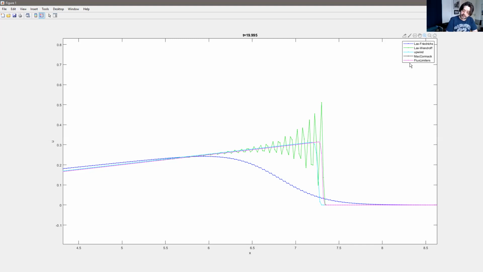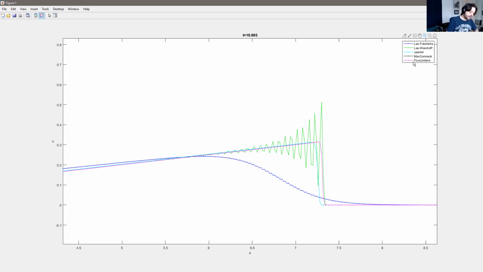And now the best scheme in this visualization is the red or pink scheme, and that's the flux limited scheme. We're not going into the details of how to implement that, but the basic idea is that you try to combine the upwind and the Lax-Wendroff scheme in such a way that whenever you have wiggles appearing, you switch back to the upwind scheme to have enough dissipation to kill these wiggles, or to make sure they do not appear.